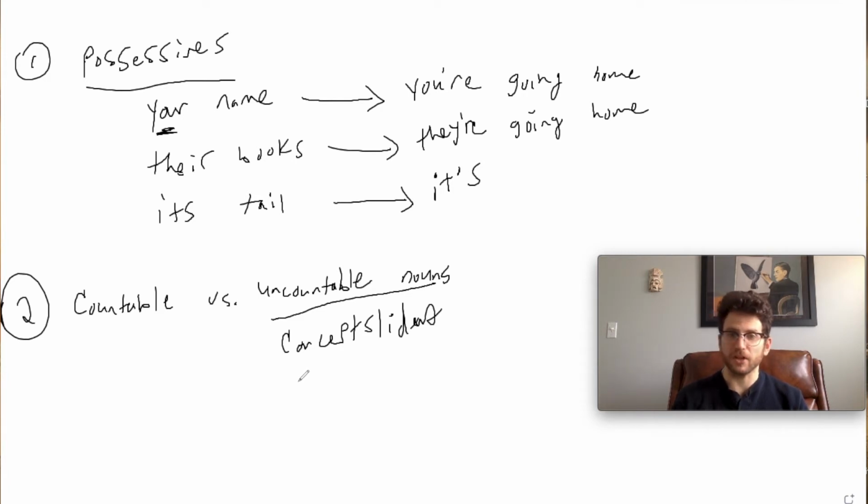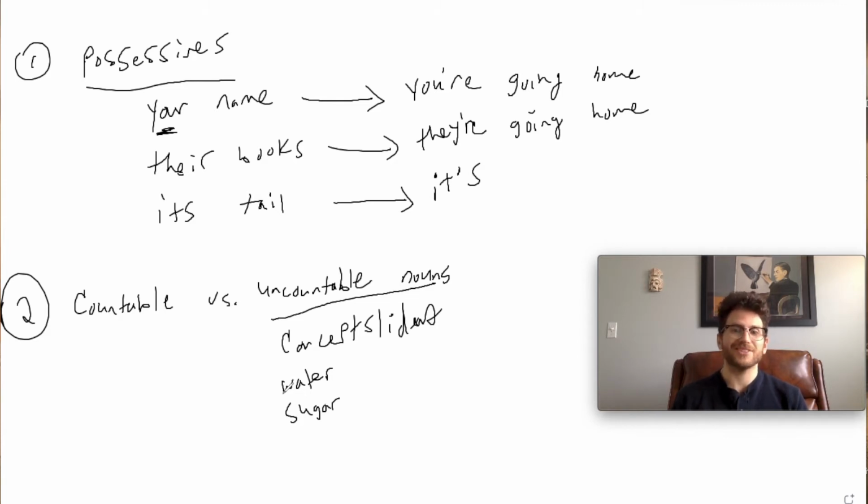So some examples of physical things in the real world that would be considered uncountable. Things like water. Things like sugar. Okay? Both of these, even though they are physical and exist in the world, we don't think of them as being countable.